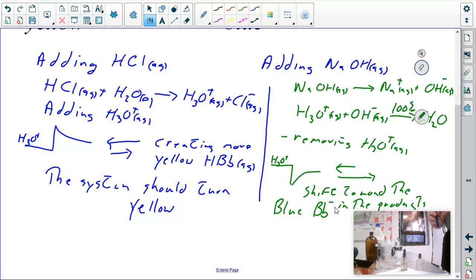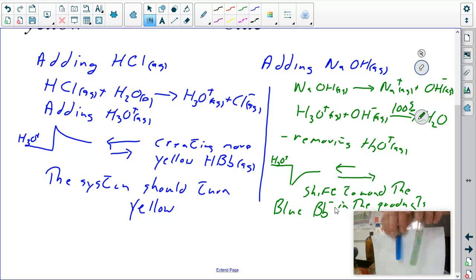So again, in comparison to the control sample in my left hand, you can definitely see that the sample turned blue. So again, our prediction is borne out by the experimental evidence. Okay?